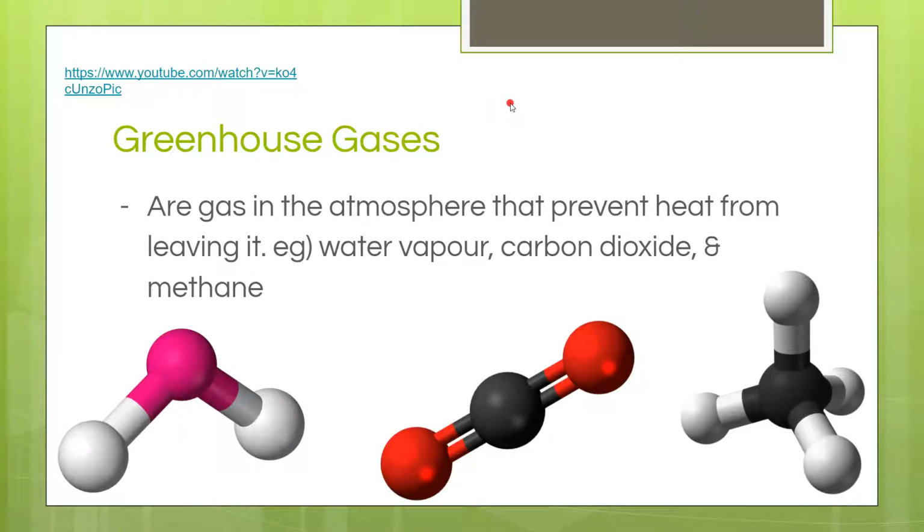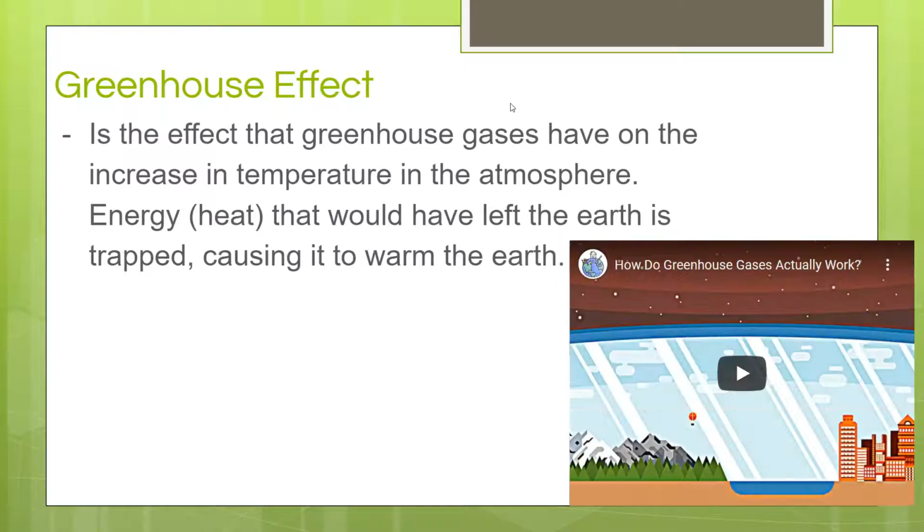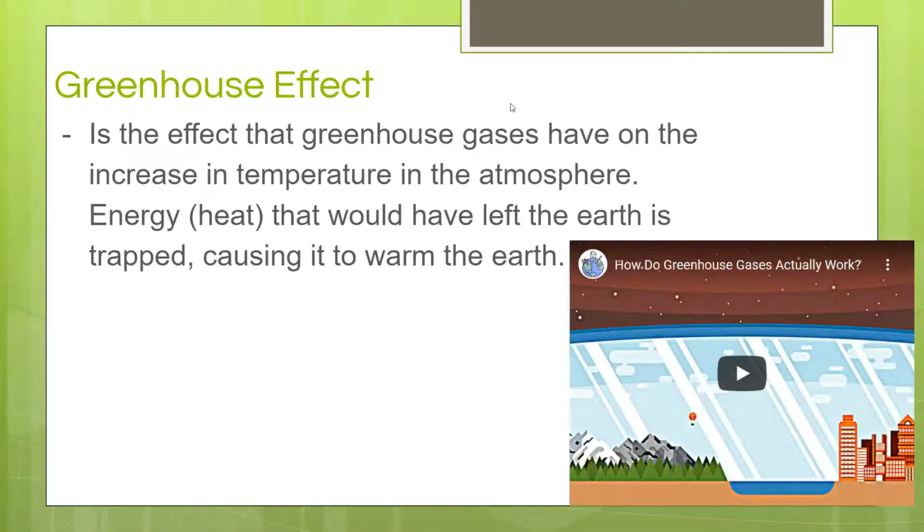Greenhouse gases are gases in the atmosphere that prevent heat from leaving it. These are things like water vapor, carbon dioxide, and methane. The greenhouse effect is the effect that greenhouse gases, water vapor, carbon dioxide, and methane, have on the increase in temperature in the atmosphere.